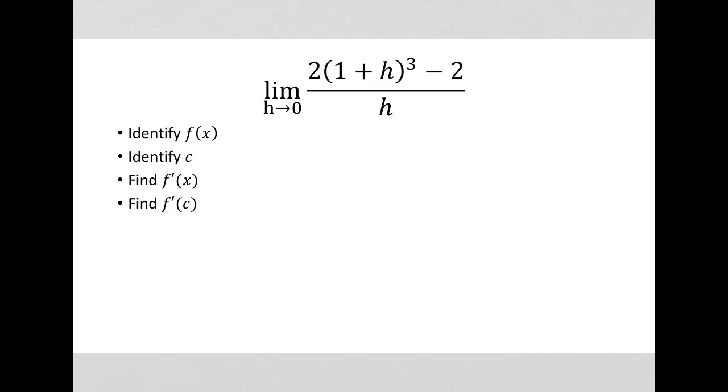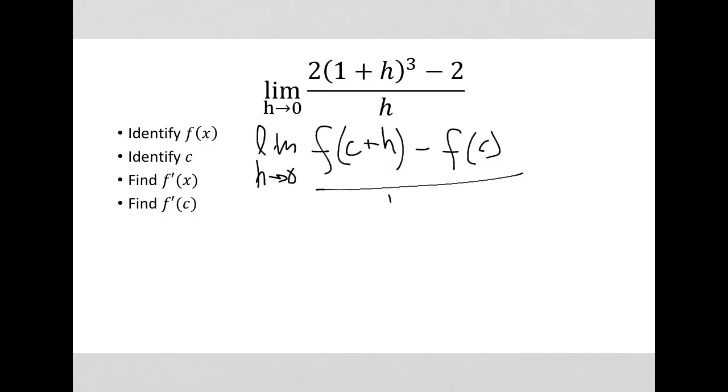Lots of times the derivatives will look like this as well, which is a little harder to recognize the function, but again, it's in the form limit as h goes to 0 of f of c plus h, c being the point we're looking at, minus f of c all over h.